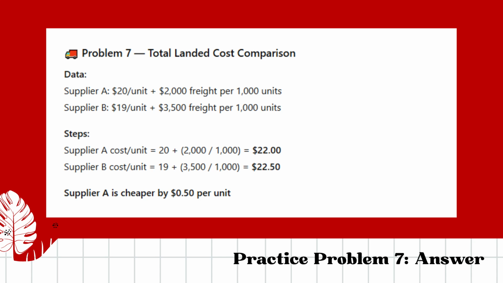Supplier B's cost is $19 plus $3.50 freight, which totals $22.50 per unit. So supplier A is cheaper by 50 cents per unit. Even though supplier B offers a lower unit price, the higher freight cost makes it less economical overall.